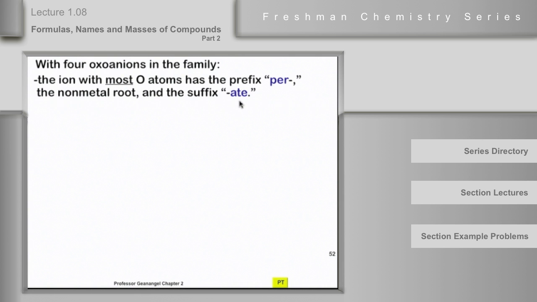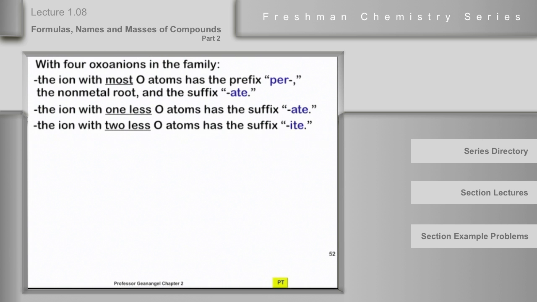Per-something-ATE. The one with one less oxygen atom than the most has no prefix, and it keeps the suffix ATE. Okay? All right? The one with 2 less oxygen atoms doesn't have any prefix, and it has the new suffix ITE.